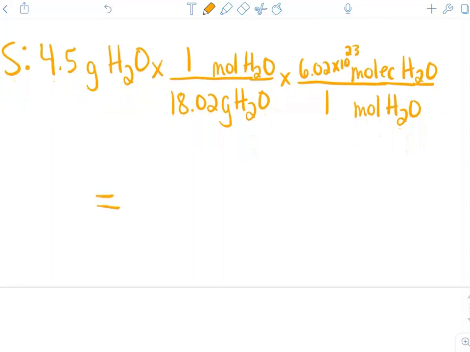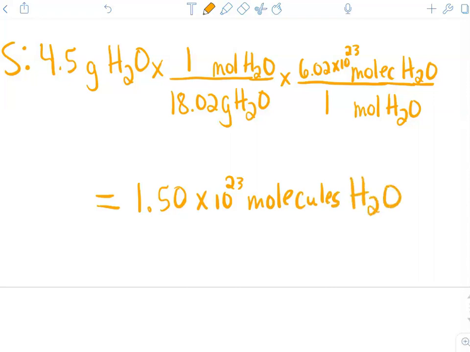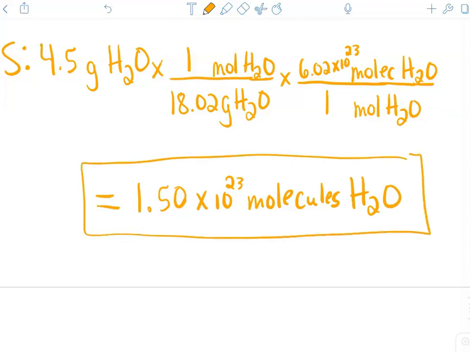And then whenever you type this into your calculator and you round to 2 decimal places, you'll get 1.50 times 10 raised to the 23rd molecules of H2O. Okay, so again, about 1.50 times 10 raised to 23rd molecules of H2O would be your answer.